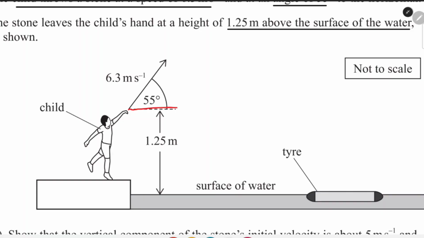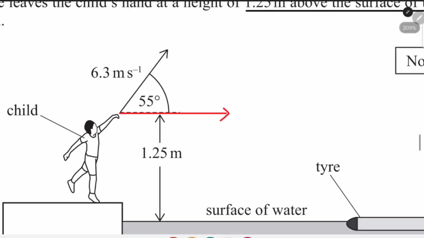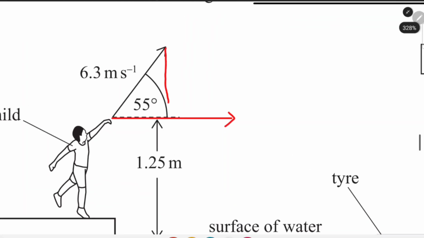So if I want the horizontal component, it will be some trigonometry over here. If you remember it, then it's just 6.3 cos 55, but I'll show you how to derive that. So if I draw a line from here, this is a right angle triangle and the hypotenuse is 6.3 meter per second.